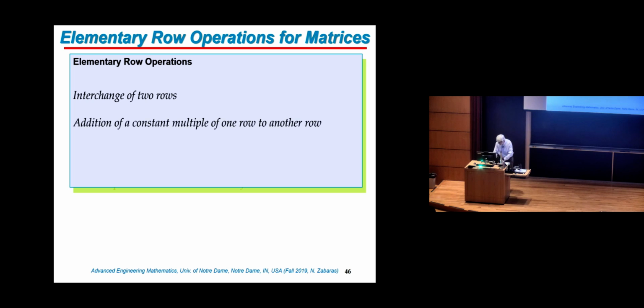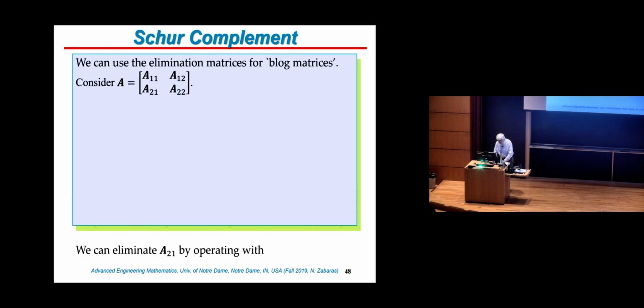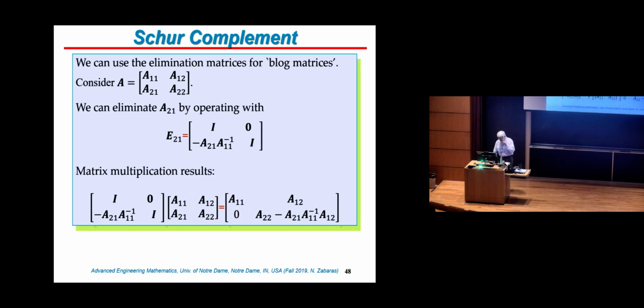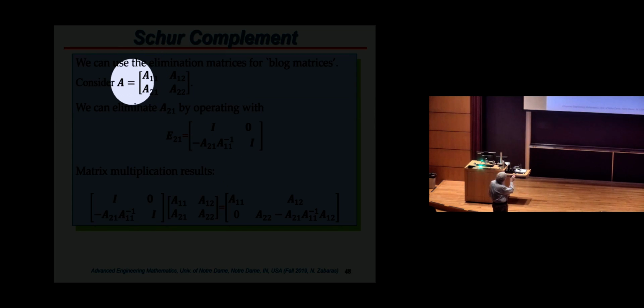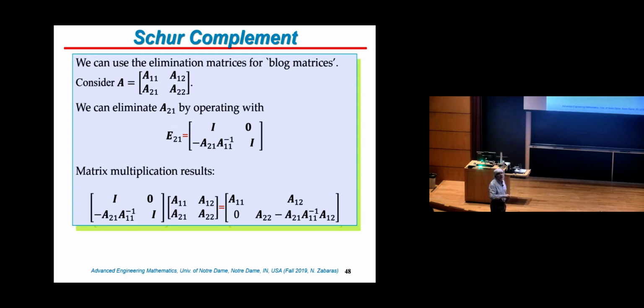Let me see slide 48. Now, let me make it a little bit more sophisticated for you, and then we will finish because it's 11:12. A lot of times, when you do calculations, rather than having numbers in the matrices, you actually have a bunch of matrices. So in this case, I write A as this block of 4 matrices, where A11, A12, A21, A22 are matrices. This is very common. What you learn about elimination, you can actually do in this matrix of matrices.